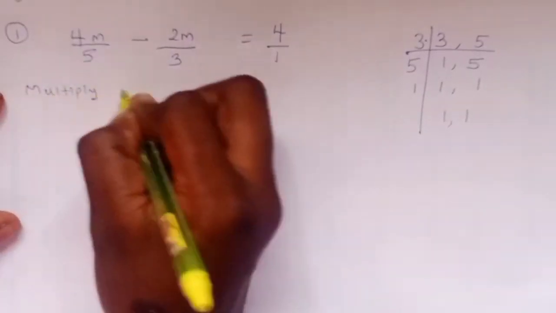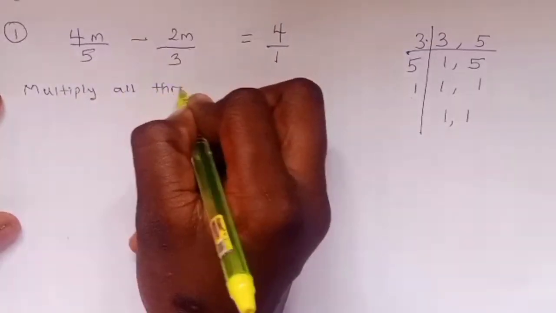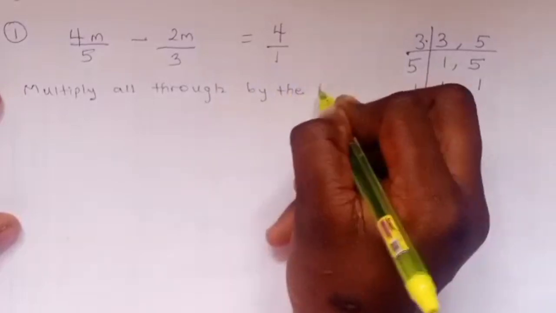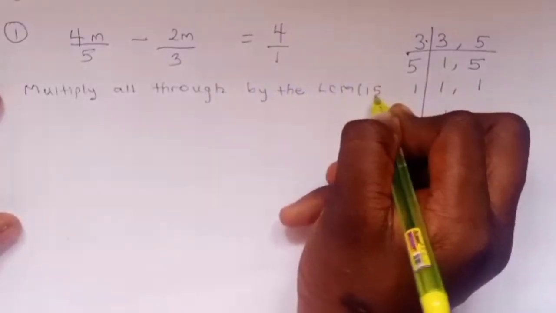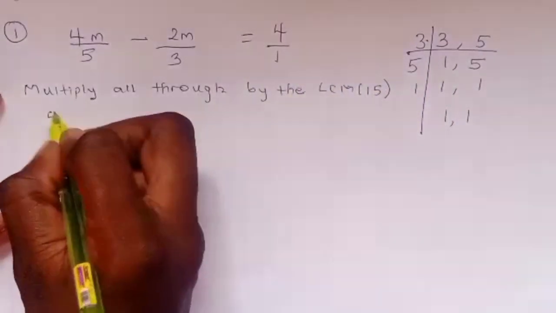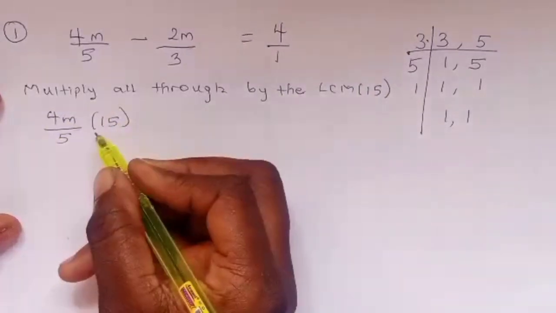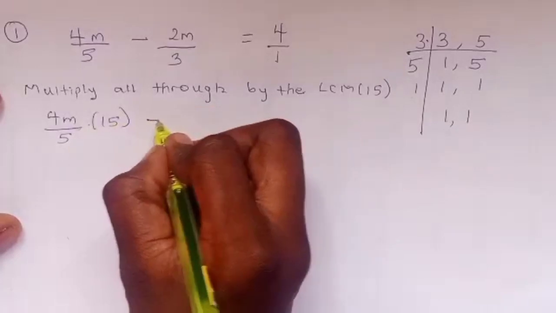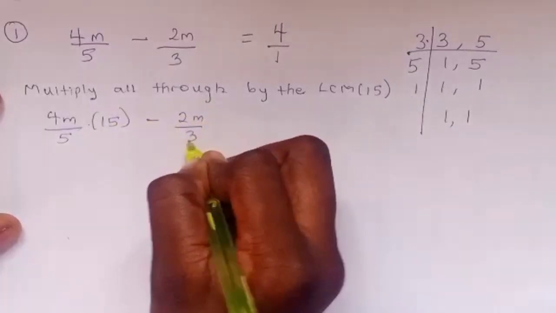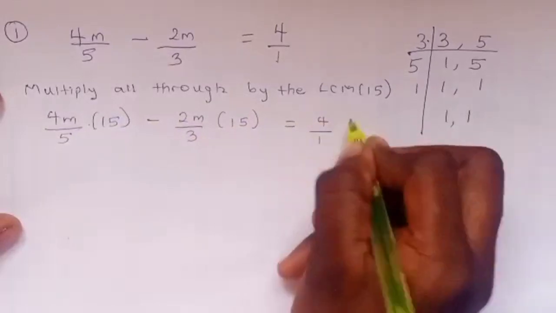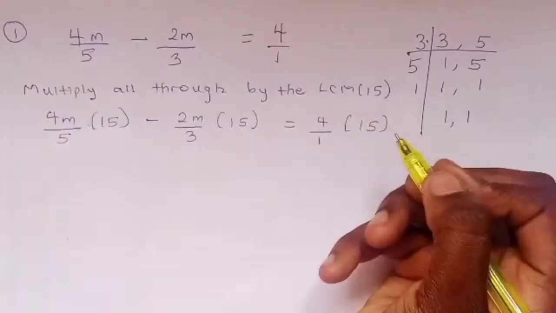Multiply all through by the LCM 15. So that will be 4m/5 into 15, which also means multiply by 15, minus 2m/3 into 15 equals 4/1 into 15.